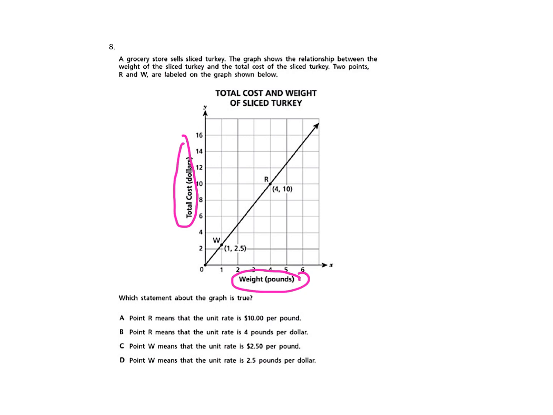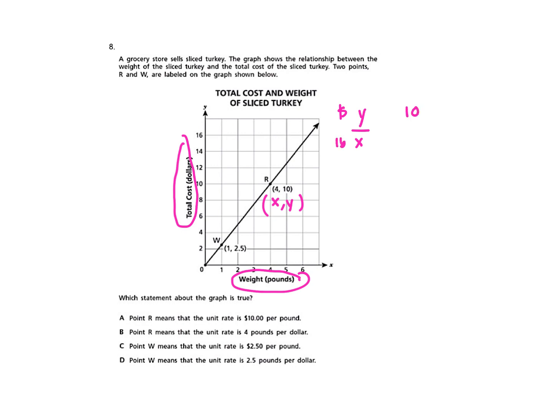So our statements say, and we're looking for what is true, which statement about the graph is true. So point R means the unit rate is $10 per pound. So let's look at point R. And they give us, again, the ordered pair. And if you recall, this is the x and this is the y when we're given an ordered pair. But when we talk about unit rate, we want the y, which in this case is the cost, over x, which is the pounds.